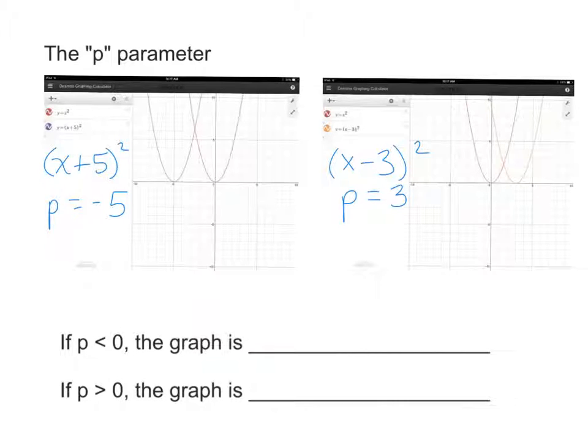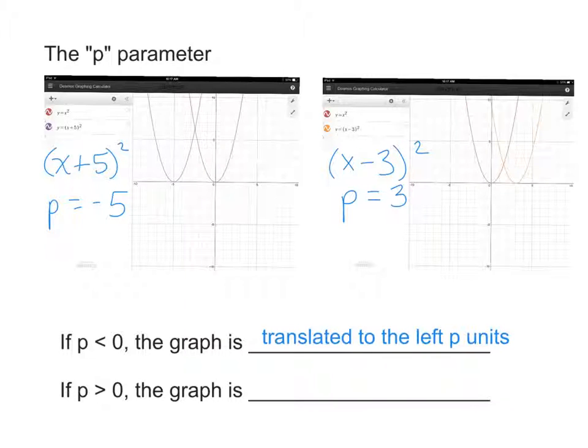The graph is translated to the left p units. That's how far it's translated. So if it's negative 5, it's translated negative 5.